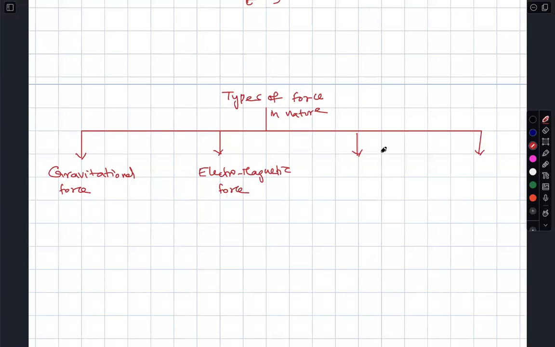Next, nuclear force. Next, weak forces. In this, the nature of these forces can be anything between masses, for example, force between sun and earth, force between satellite and a planet. All these things come under gravitational force.